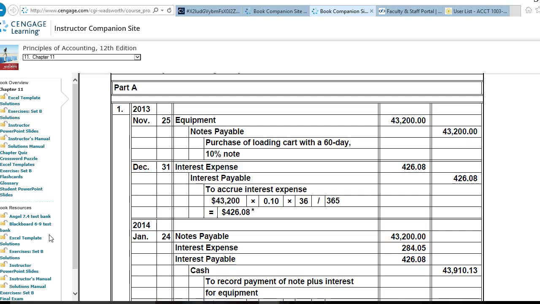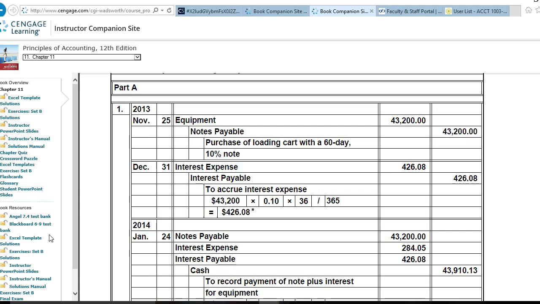Then, on December 31st, when the books are closing, he needs to show the interest that should be linked with this period. Because, remember, the whole goal is to match our revenues with our expenses. Well, if he took out a loan this year, we need to record that interest that accrued this year, apart from just when he paid it, when he actually incurred it.